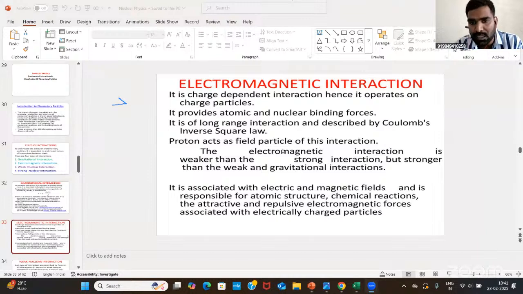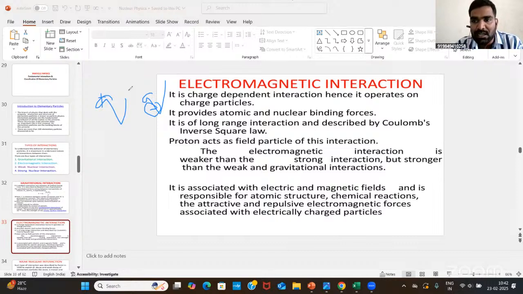If you consider two charges, let us say one is plus Q and another charge is minus Q, and the distance between these two charges is R, then the Coulombic attraction or repulsion force is given by what? With the two charges Q1, Q2 divided by R square, and there will be one constant K, which is given by 1 by 4 pi epsilon naught. That is the electromagnetic interaction.